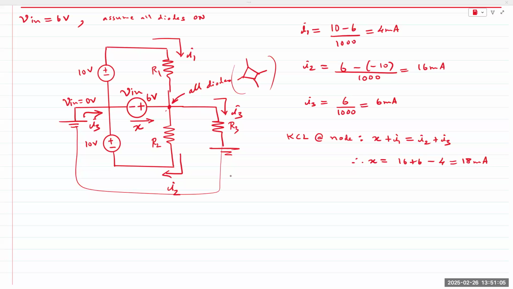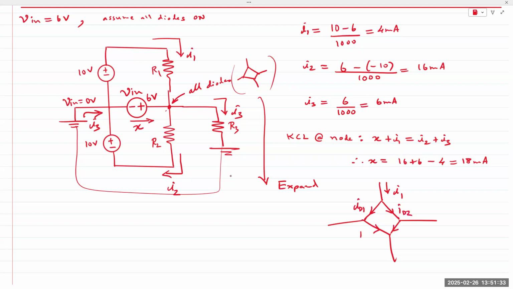And so, expand, and I obtain, it's not a good drawing. I1 coming from the top, all diode currents pointing down: ID1, ID2, ID3, and ID4.